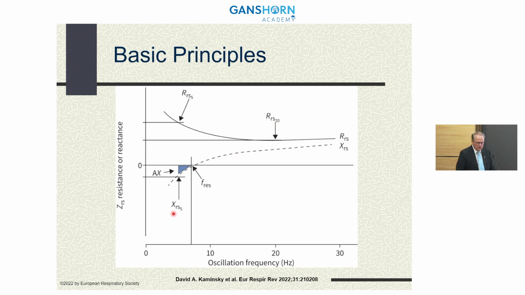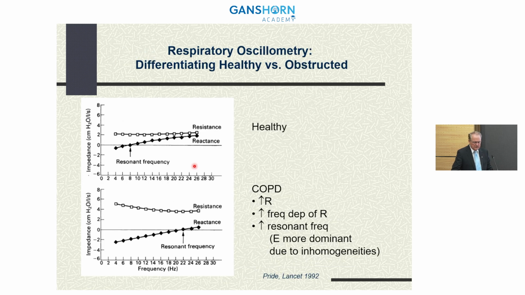What does the reactance curve look like, and what does that reactance curve look like in various areas? And then the area of the reactance, which is the area underneath the curve between 0 and the resonant frequency of the reactance. Depending on what that parameter does, you can look at various characteristics.